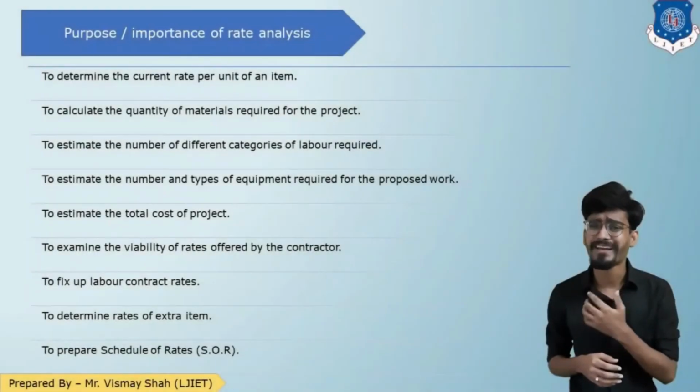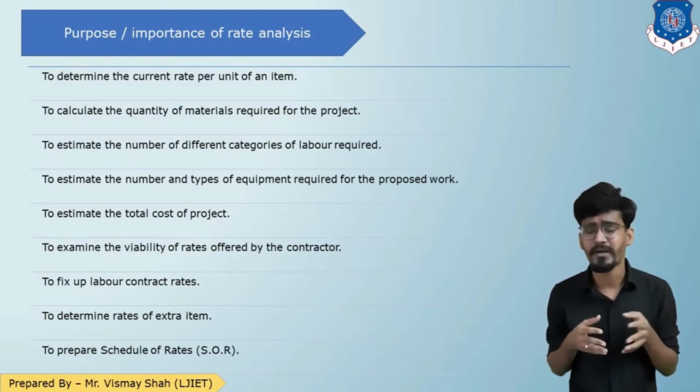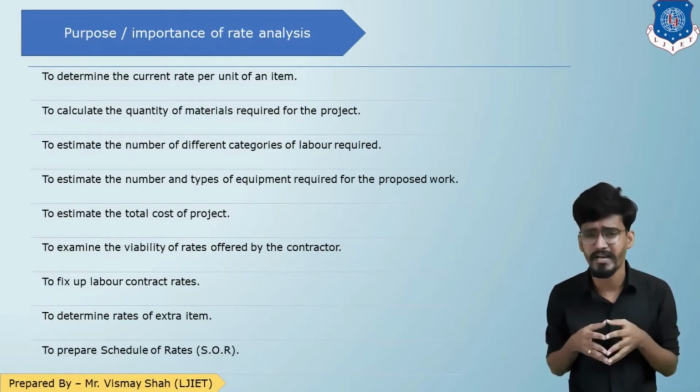So the next topic is the purpose or importance of the rate analysis. So the first purpose is to determine the rate of a particular item of work, the rate per unit of a particular item of work.